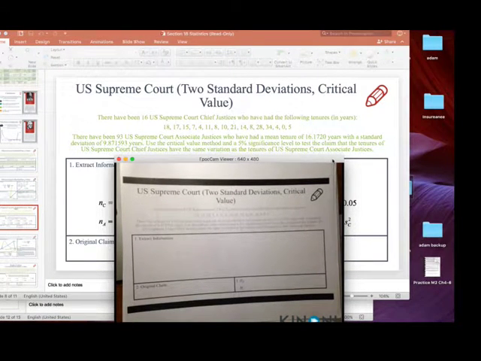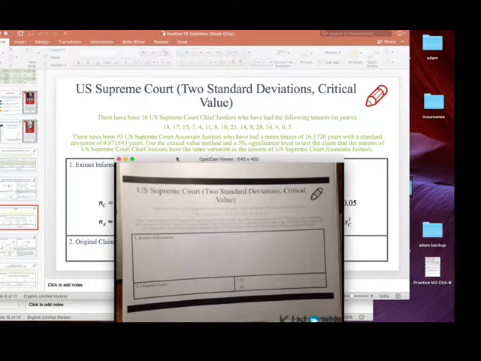Okay, let's try to do the example from the workbook, the United States Supreme Court. That's working on the 2 standard deviation, and we'll be using the critical value method. Okay, I'm gonna work on this paper, but you guys may not see really clearly the questions here, so I put the PowerPoint in here also.